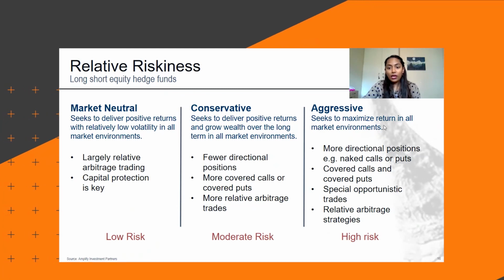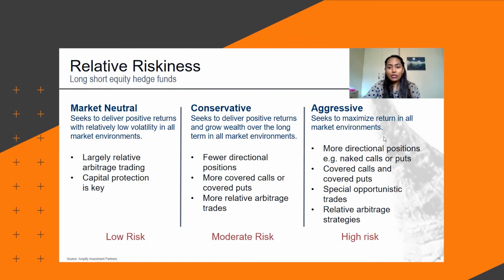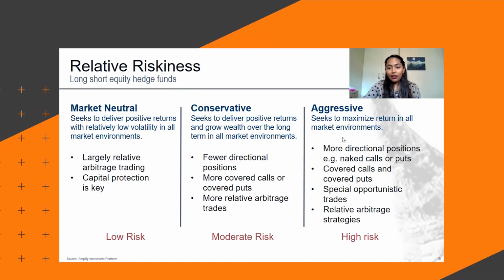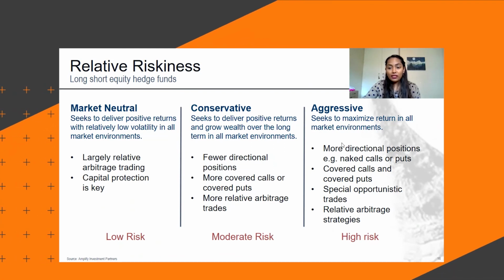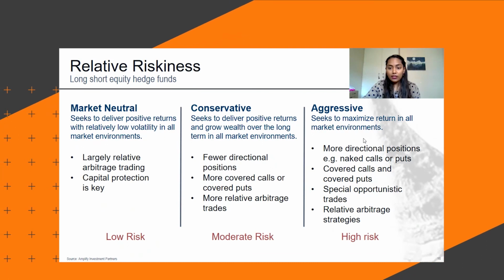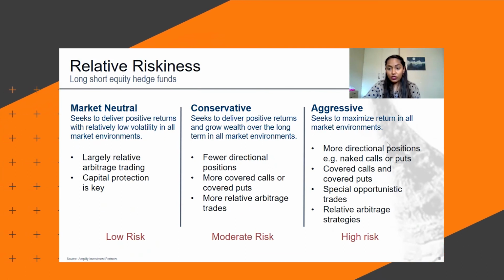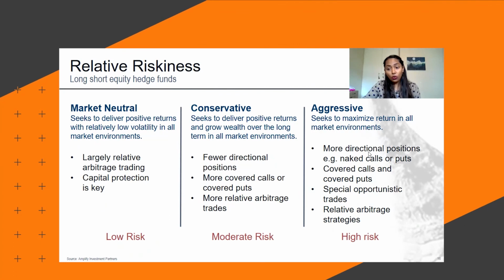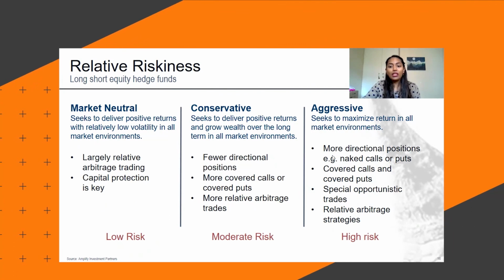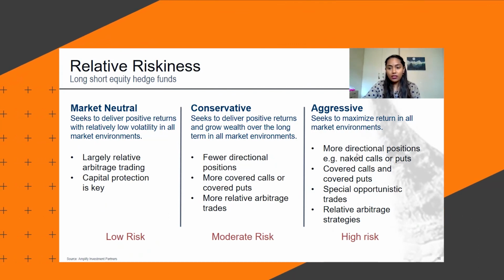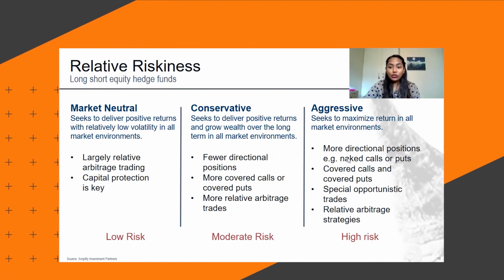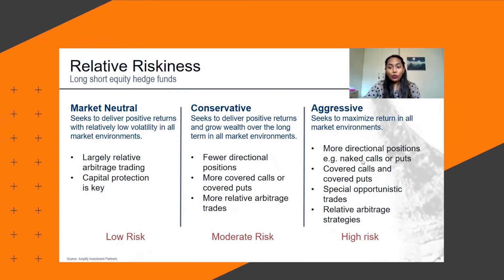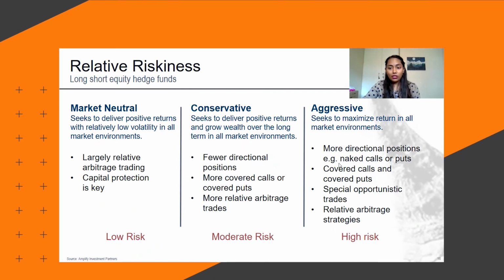Let's consider them from right to left, or most risky to least risky. Aggressive equity funds try to maximize return in all environments. They tend to take directional positions, otherwise known as naked calls or naked puts, and may demonstrate higher leverage than other hedge funds. They may also engage in unique trading opportunities tactically, which allow them to add even greater idiosyncratic alpha.